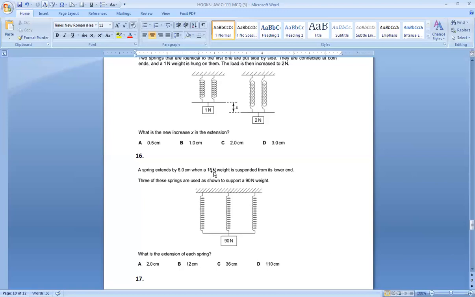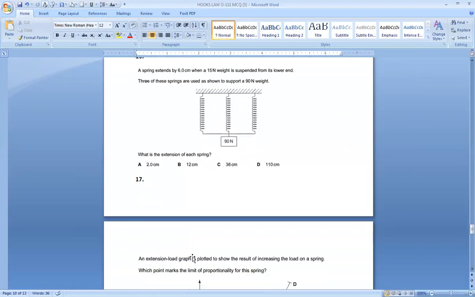So 50 Newton causes an extension of 6 in a single spring, but 3 springs will extend only 2 centimeter. In the diagram, the weight is increased to 90, means weight is increased 6 times. The extension will be 6 times. So 2 into 6 gives you 12. So 12 centimeter, your option is B.